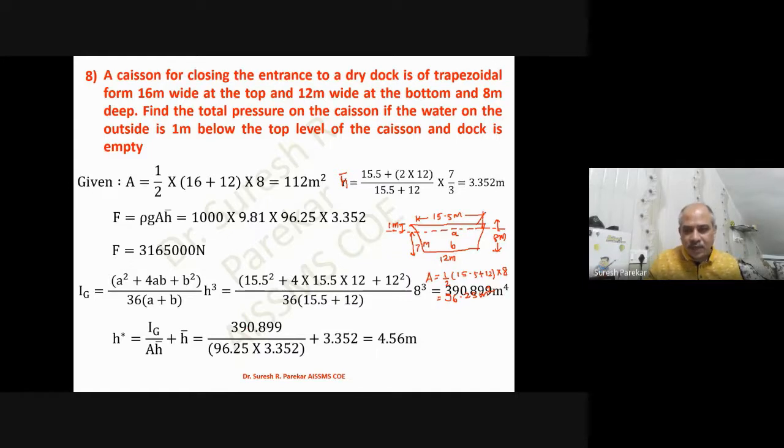Ig we have calculated over here, so this is the Ig value 390.899, divided by A 96.25 into h bar 3.352, and we will get h bar equal to 4.56 meter. So this will be my pressure and this will be my center of pressure.